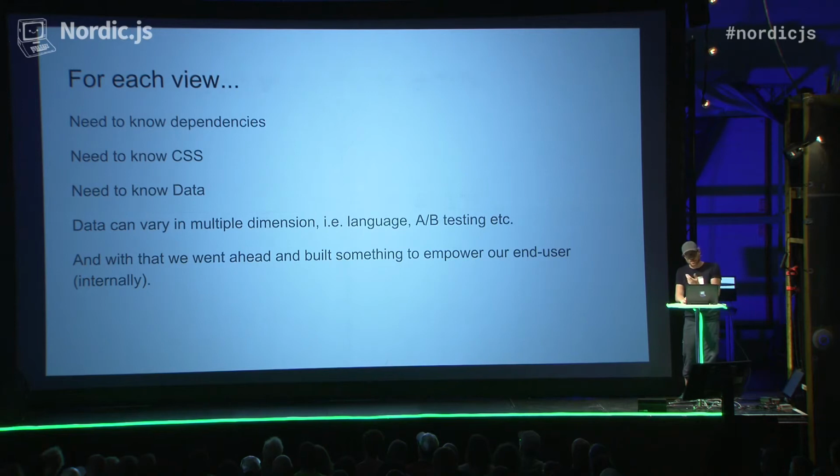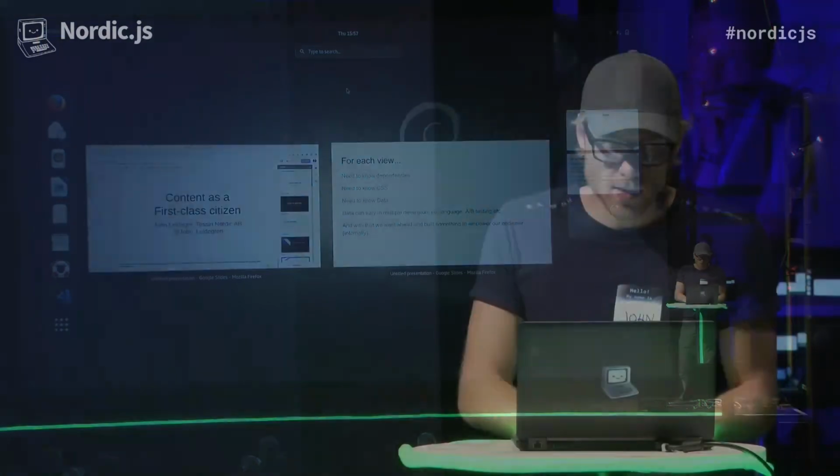For each view, we need to know dependencies, CSS, and data, and data can come in many different forms. Some of them are language-specific, and others are testing-specific. With this in mind, we went ahead and built something which does this.